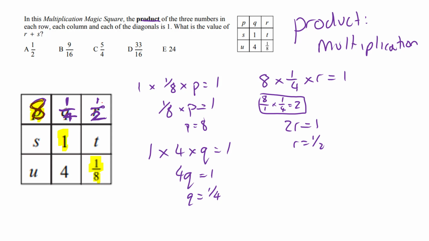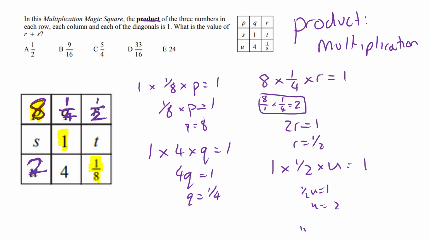And I can just keep on going. Let's find u. We're looking at the longest diagonal: 1 times 1/2 times u equals 1, because all the products of each row, column, and diagonal equal 1. So we have 1/2 of u equals 1, so u has to equal 2.